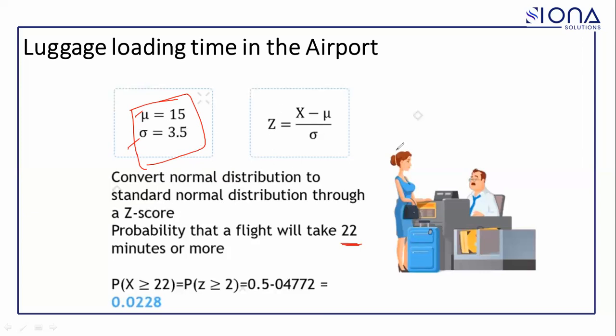Using bins. When you have a normal distribution, let's say this is your 22 minutes. Now the manager wants to know what is the probability that the flight will take more than 22 minutes. He wants to find the area here. Now this is your 0.